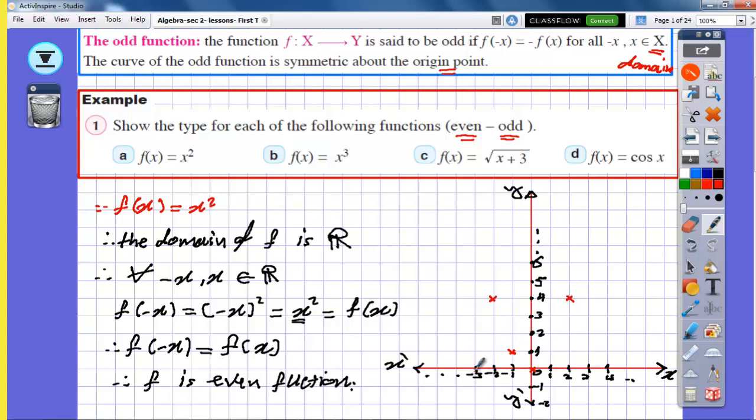Of course, f of negative 3 equals 9, and f of 3 equals 9, and we can draw the curve of this function.